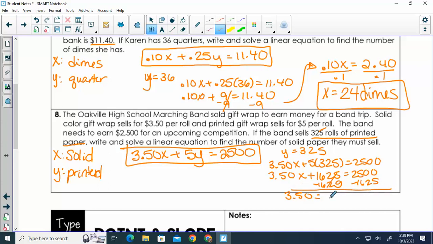Equals 2,500 minus 1625. Give me 875, divided by the 3.50. And what's that? So we have 250 rolls of the solid paper. Questions there?